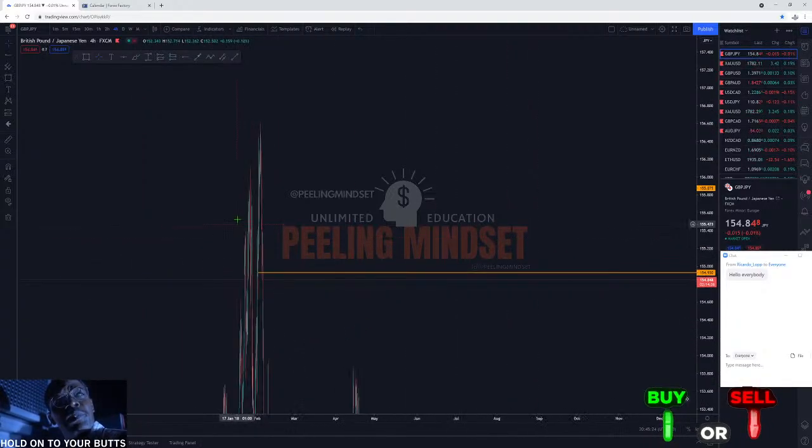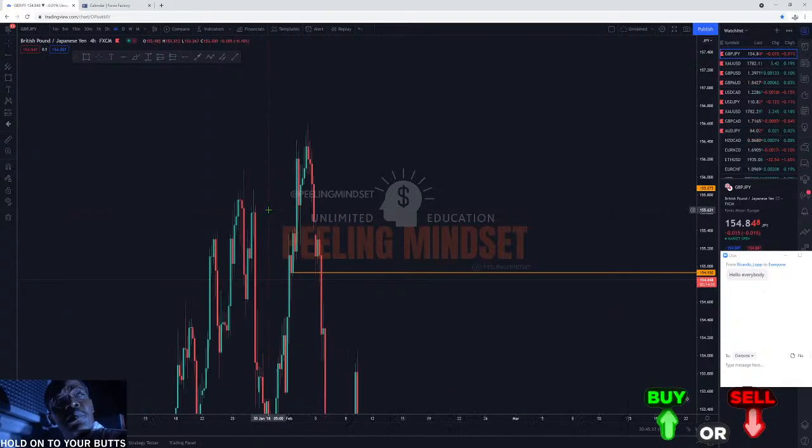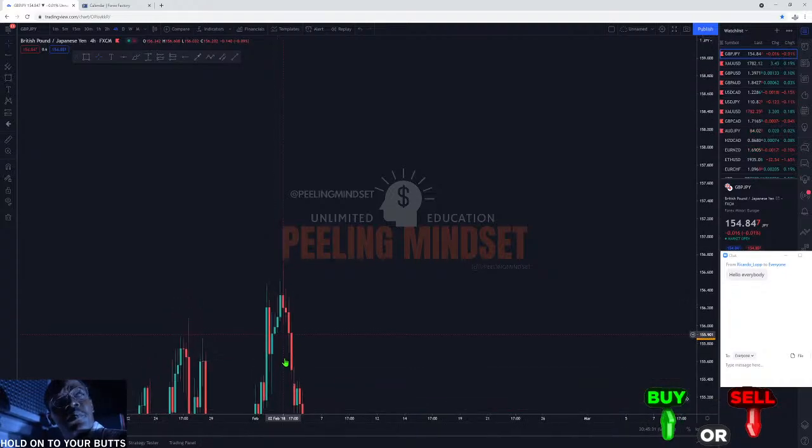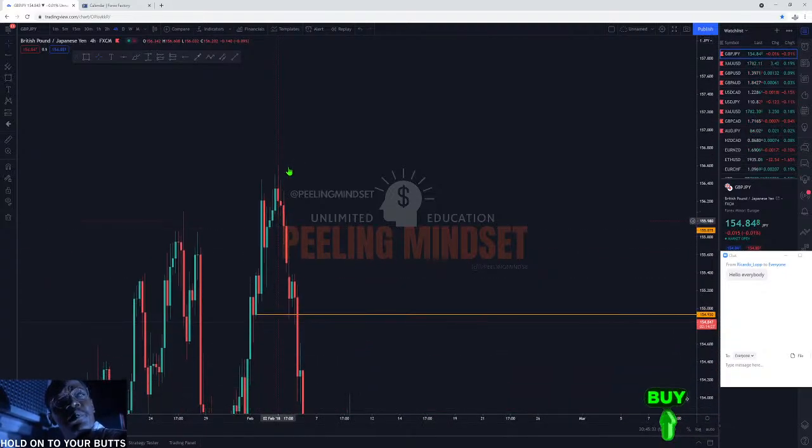Oh, I can access. All right, so looking at the 4 hour time frame, we actually talked about how 160.300 could have been a possible level, but looks like once price starts breaking 154.930, this could be a possible target right here. This right here, let's just draw a rectangle.